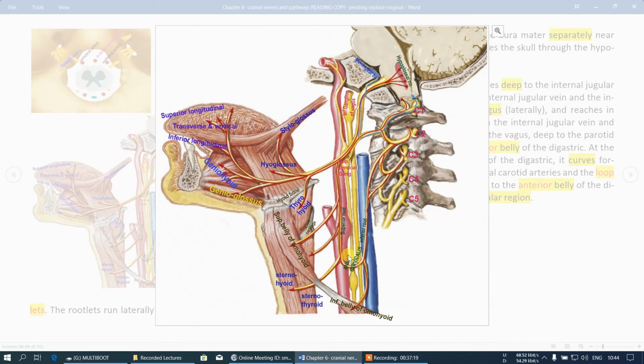So this is the cervical plexus and hypoglossal nerve. Both have similar contributions. This red color goes to the efferent component, that is the muscles, general somatic efferent. So this nerve goes to all intrinsic and all extrinsic muscles of the tongue.